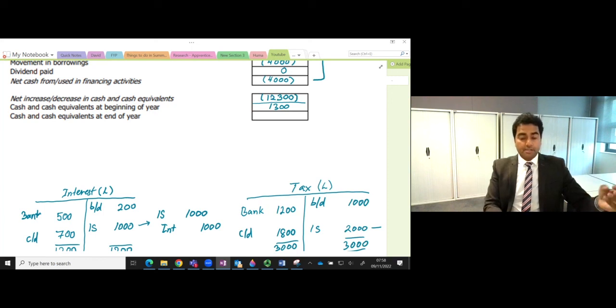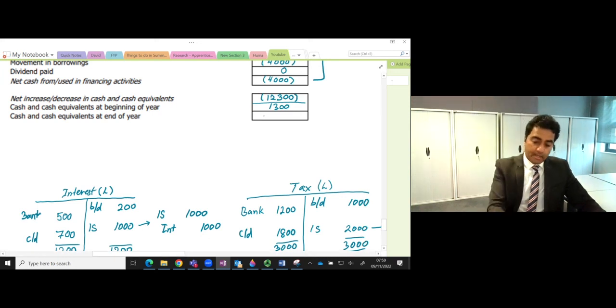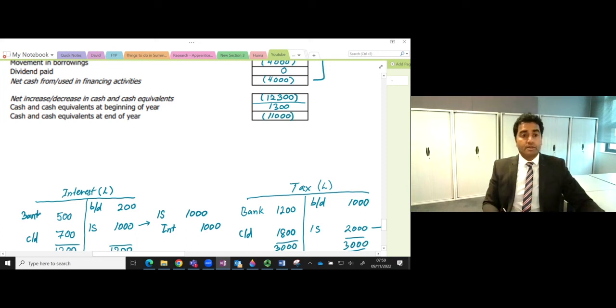From the statement of financial position, I have picked up the opening balance of the cash, which is 1,300 plus the figure. So 12,300 take away 1,300. The answer is negative £11,000. So cash or cash equivalent at the end of the year is negative £11,000.